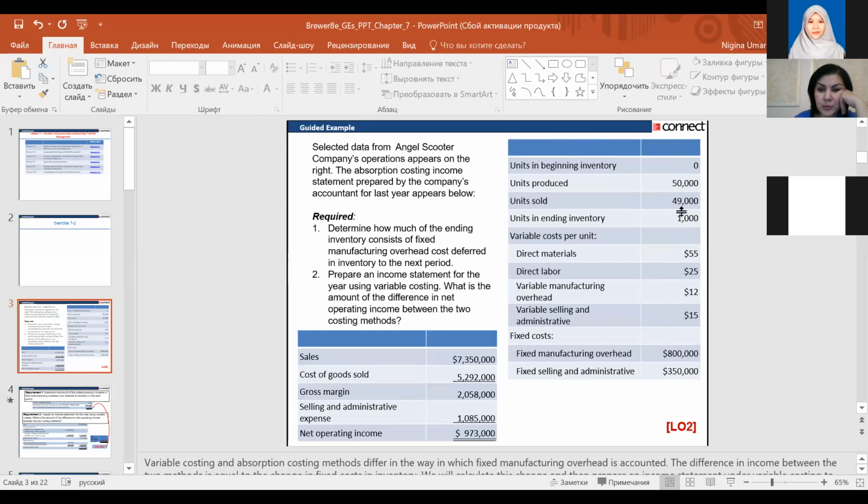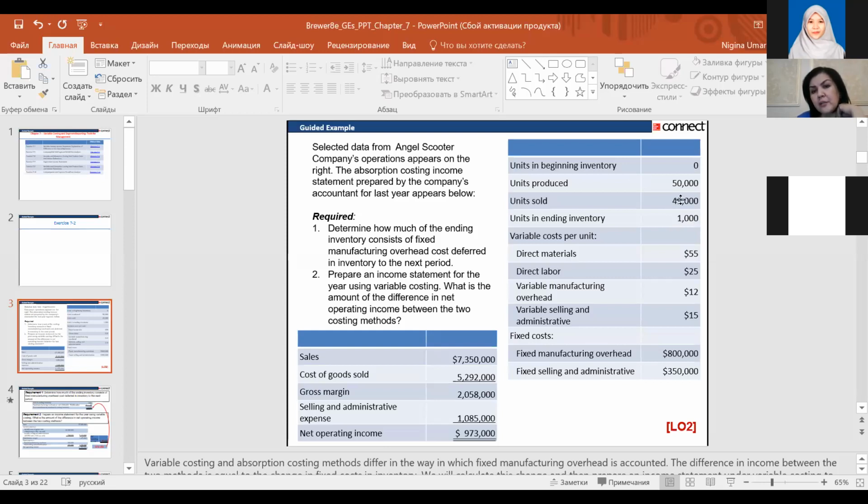So actually tell me what happens to the net profit on the variable and absorption. What do you think? Which of the profits will be higher, on the absorption costing or on the variable costing?